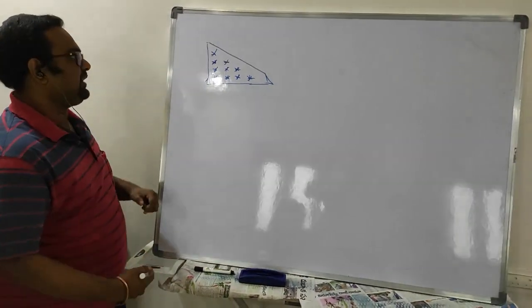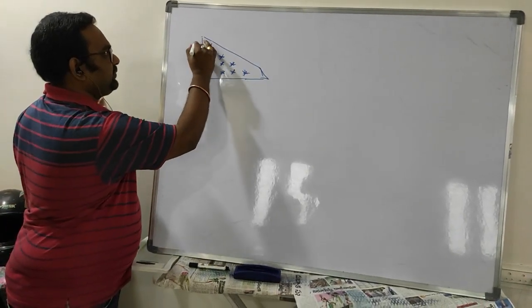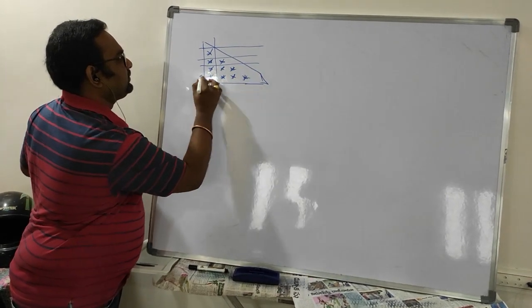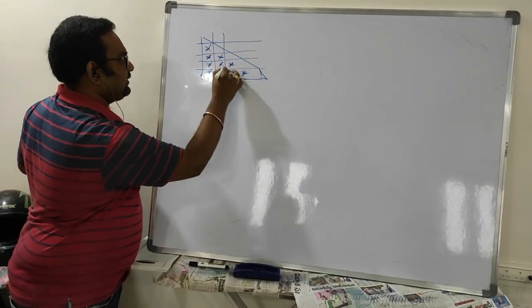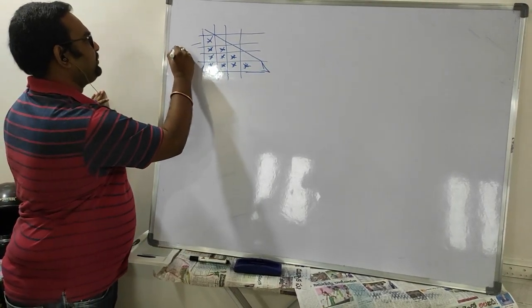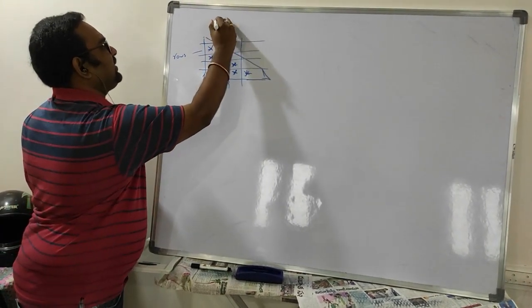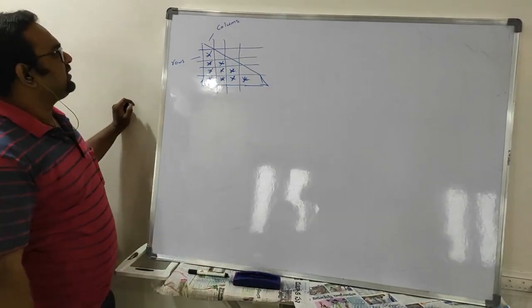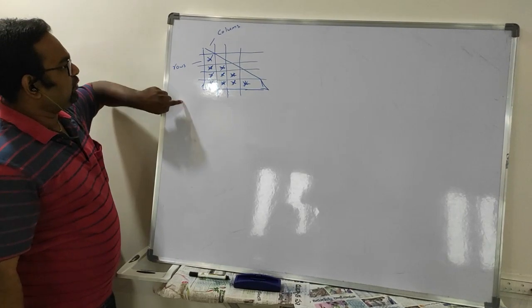What is the logic behind it? See, you can see here, I can divide this into rows and columns. So this part is my rows and these are my columns. So now you can see there are rows and columns.